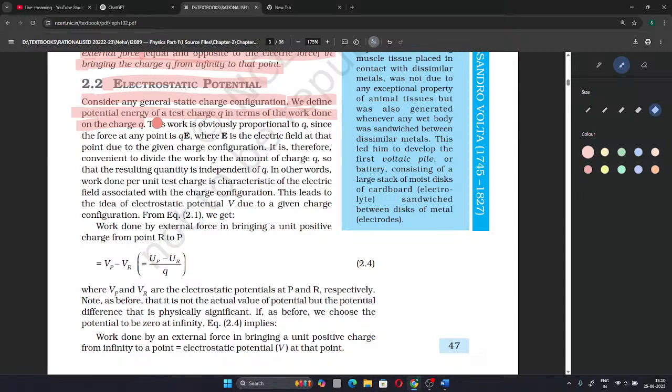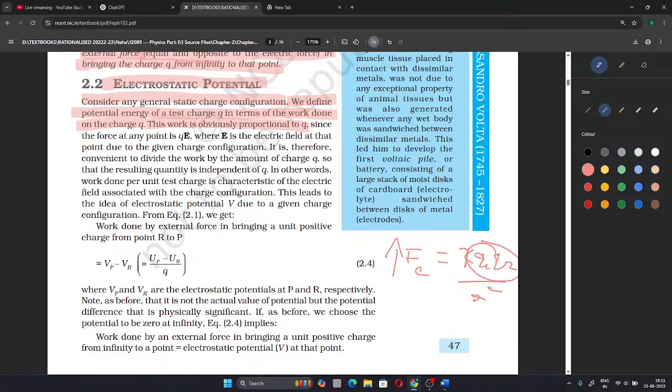This work done is obviously proportional to Q. As the charge is higher, the work done is higher, based on Coulomb's equation here: F_E equals kq1q2 by r squared. Force increases, work done increases, as force depends on q1 q2, or charge, and work done also depends on q. As the charge is higher, the repulsion force is higher, and so is the work done.